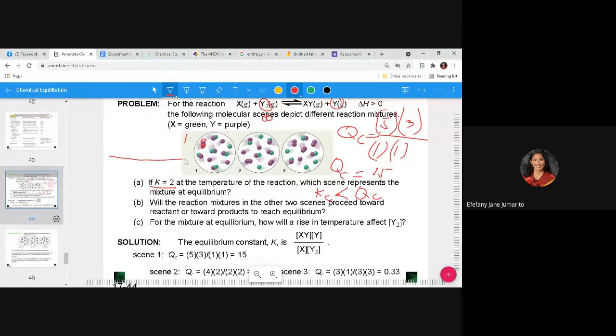It will move backward, since QC is greater than KC. All right. What about number 2? What is QC in number 2?